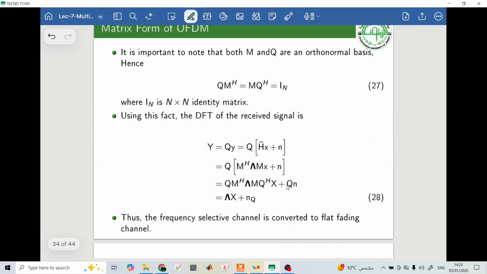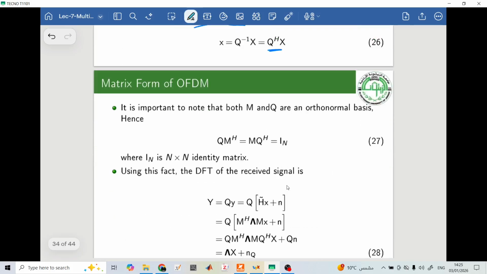So what we do here is put both matrices together, the DFT matrix and the eigenvectors of the channel matrix, and they are the inverse of each other, so we get an identity here.